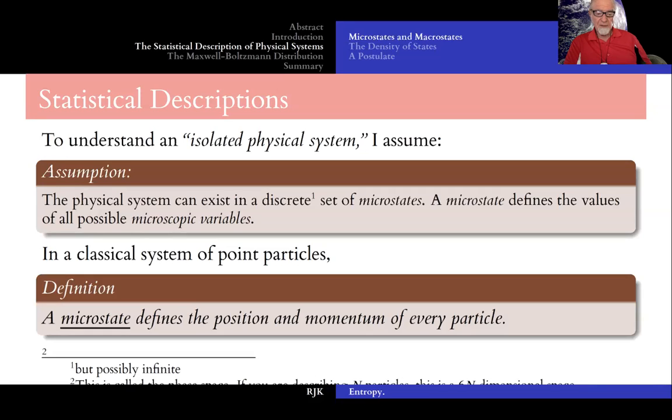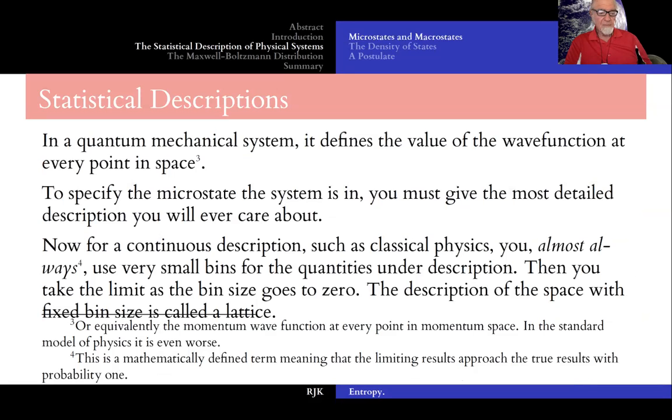And in classical mechanics, that means that every particle is described by its position and momentum. That's Newton's laws. In quantum mechanics, it's defined by the wave function at every point in space. We're not going to do quantum statistical mechanics, but I just want to point out you can actually do it.